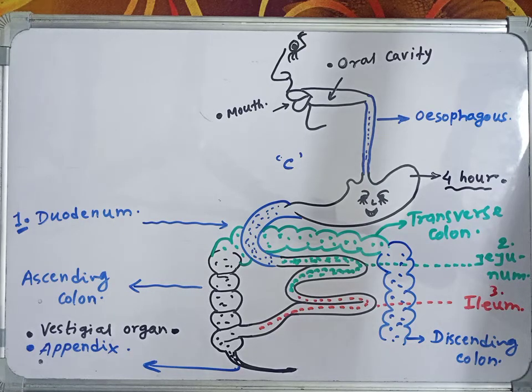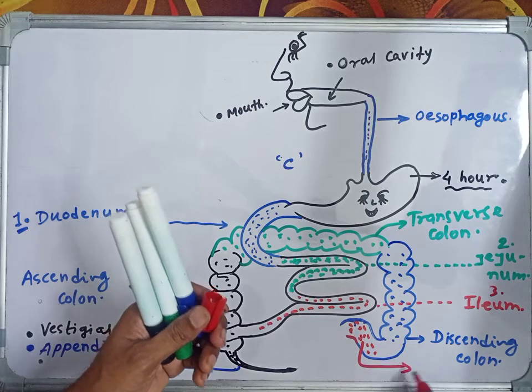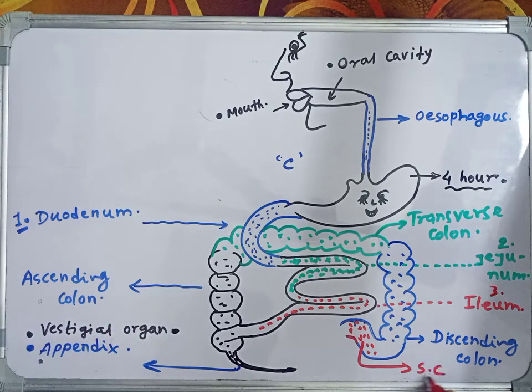And after that, the descending colon again turns back above, and this part of our large intestine is called the sigmoid colon, right? I mentioned it shortly, but you have to write it in long form, right? This back part of our large intestine is called the sigmoid colon.